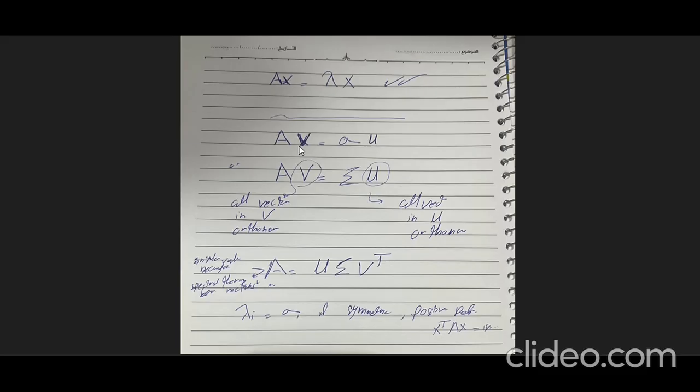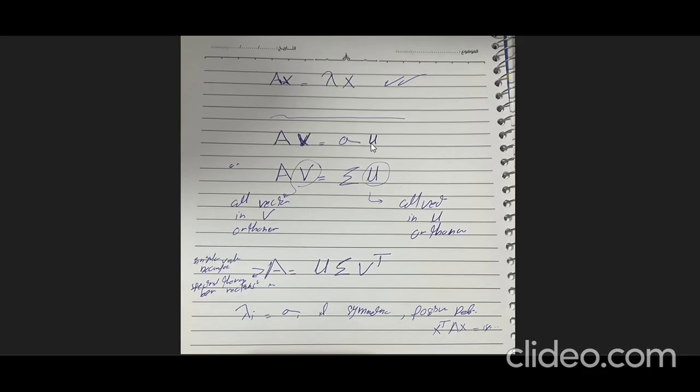What is the difference between a singular vector and an eigenvector? First of all, from the equation, singular vectors aren't just stretched. The vector multiplied by A changes its direction, and that's why we denote it by U. So it has been stretched by a factor of sigma and rotated.